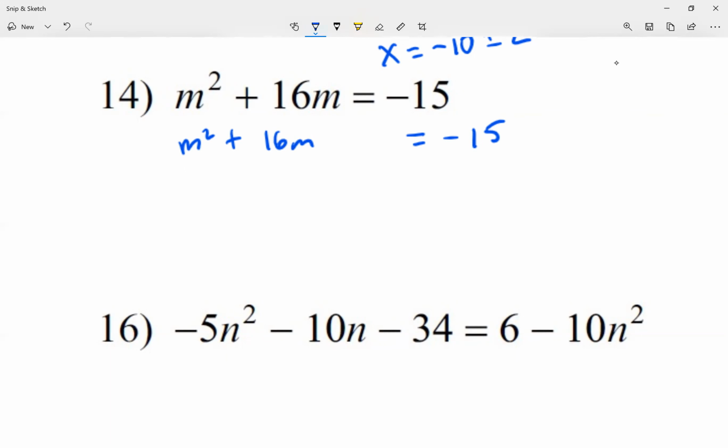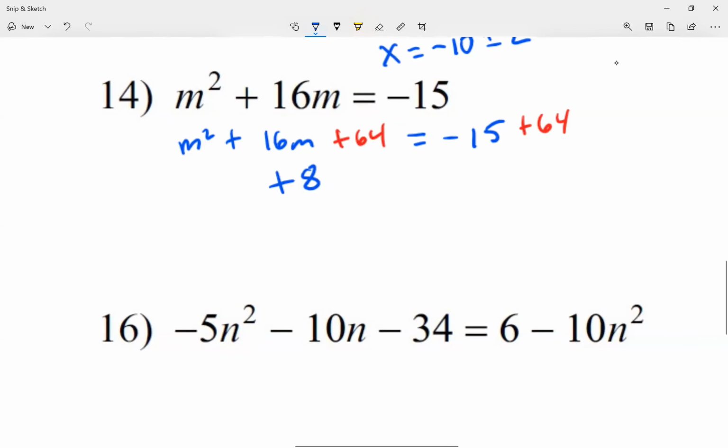Then I ask myself, all right, the first number is a 1, which is good. Then I say, all right, this 16, the half of 16 is 8. Then I ask myself, all right, what's 8 squared? 8 squared is 64. So let me add a 64 to both sides.